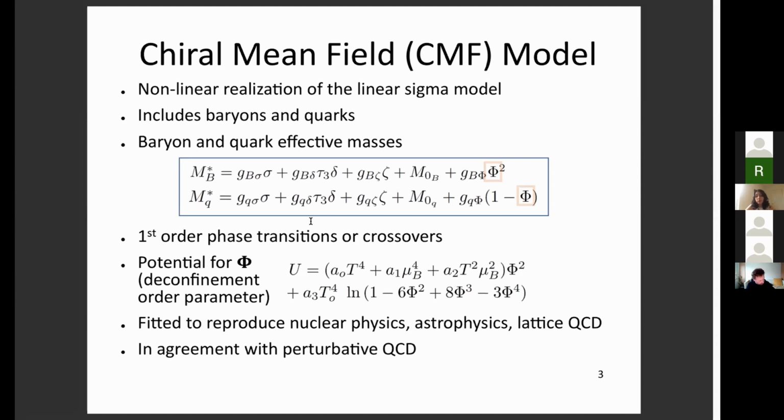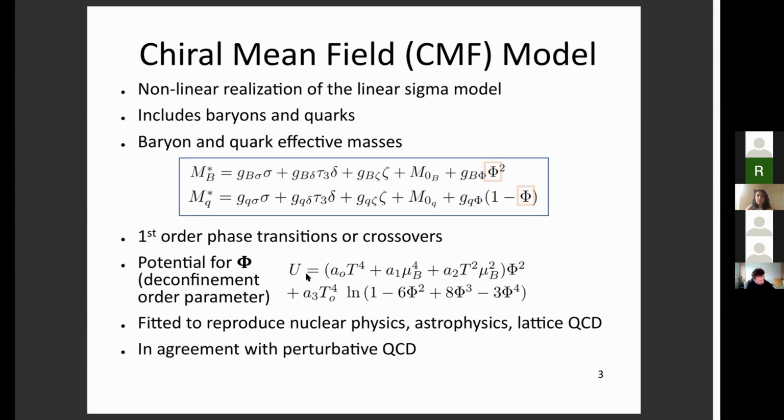It was built in analogy to the Polyakov potential obtained from the PNJL reference. But as Alexei Vanitsky discussed in detail yesterday, there are advantages to having density or chemical potential dependence explicitly in this potential.